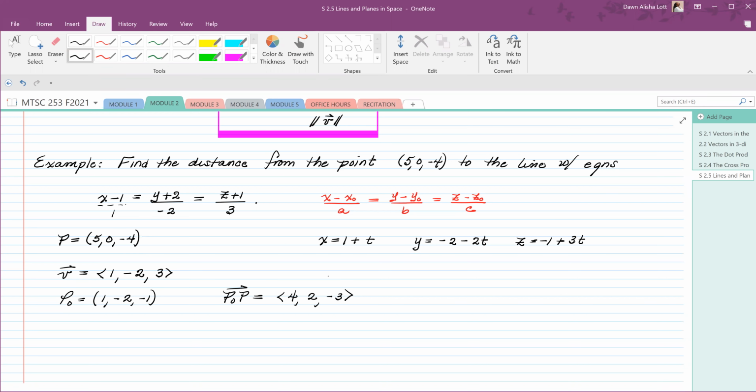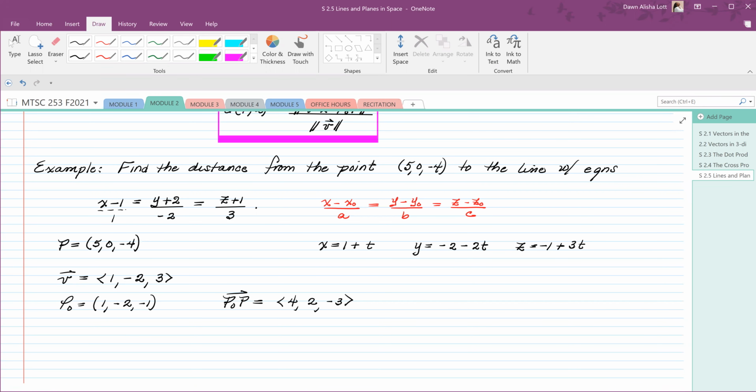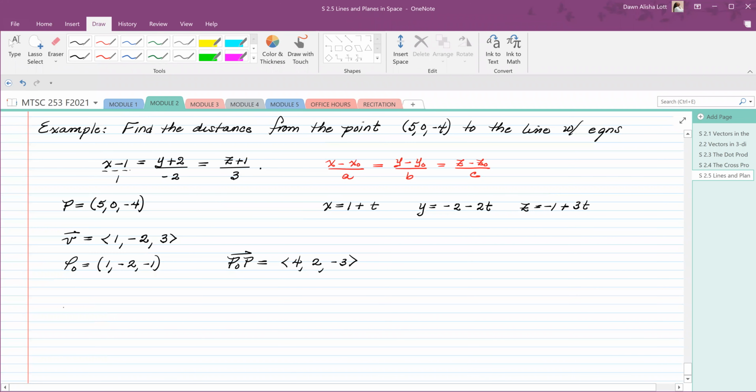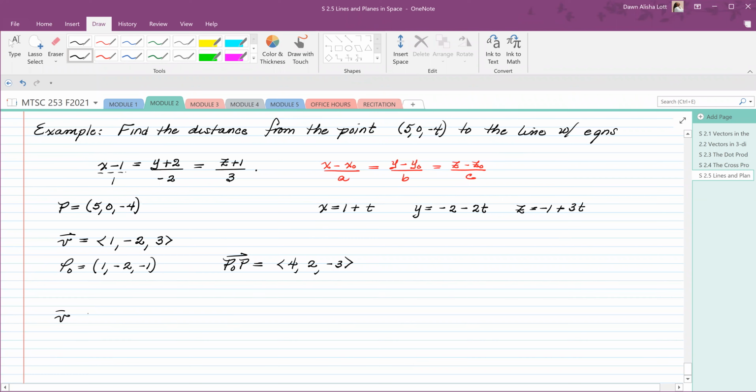So my formula says I need to find V cross P naught P. So let's find V cross P naught P. Well, I need to put it in my trusty little matrix.